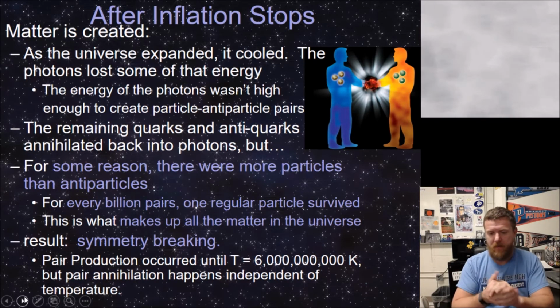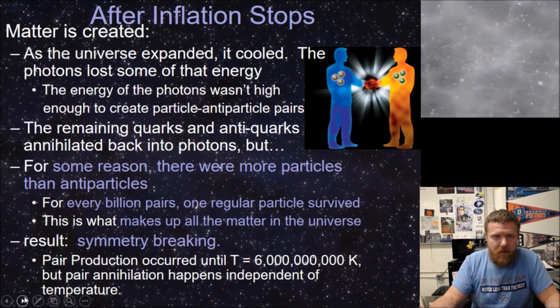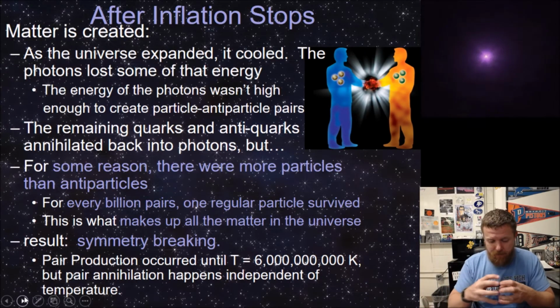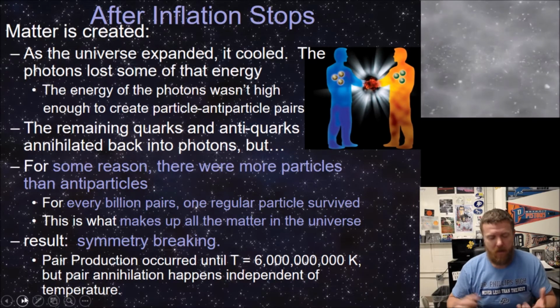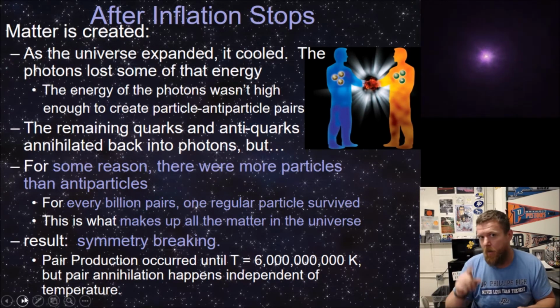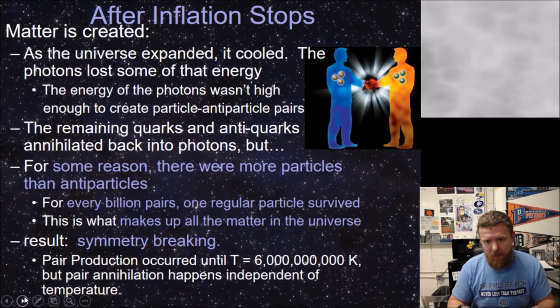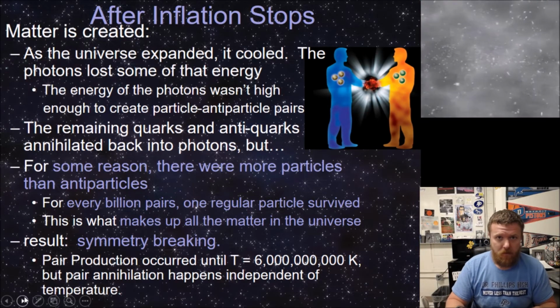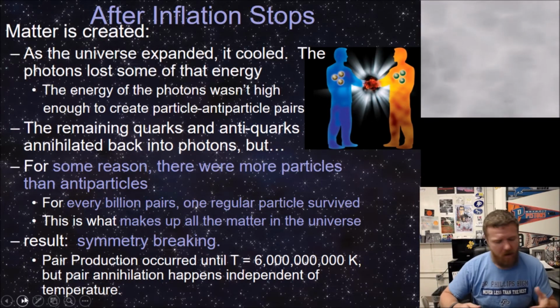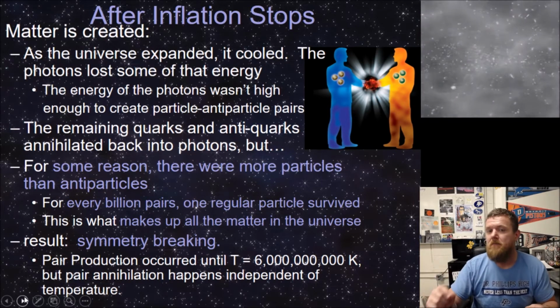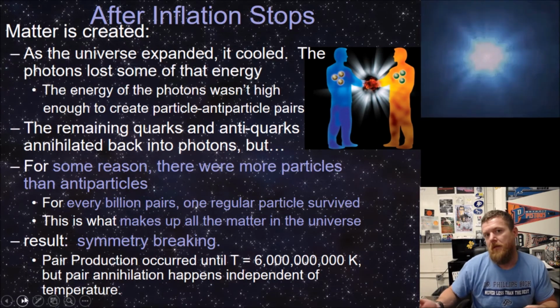So all the particles and antiparticles annihilated back into energy, and every billion times that happened, you were left over with one electron. And every billion times that happened, maybe you got one quark. And every billion times that happened, maybe one more electron. And every single particle that you see in the entire universe, every star, every planet, every galaxy, is made out of that 1 out of a billion that was left over.